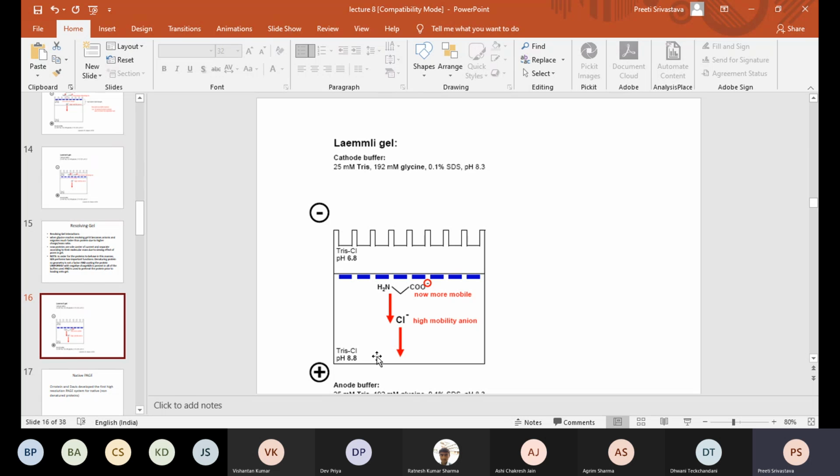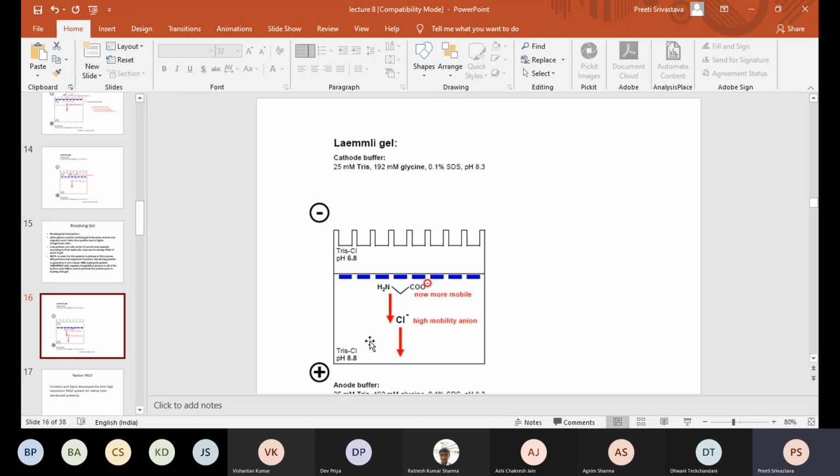Because of this high pH, the glycinate ion will also have negative charge and will become more mobile, so the mobility will be in the order that chloride ion will have the highest mobility, followed by glycinate ion, followed by proteins. And these proteins, because they have uniformly negative charge, will now separate in the resolving gel based upon the molecular weight.